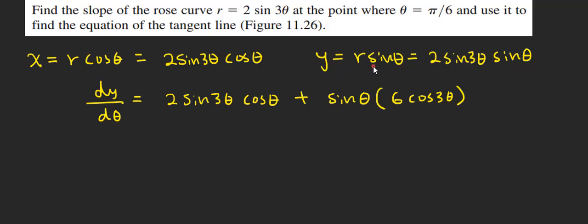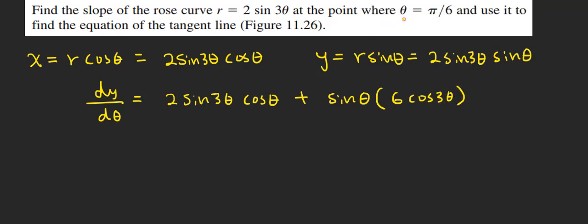Now taking the derivative of y with respect to theta, using the product rule, you are going to get 2 sine 3 theta and cosine theta plus sine theta times the derivative of this, which will be 6 cosine 3 theta using the chain rule.